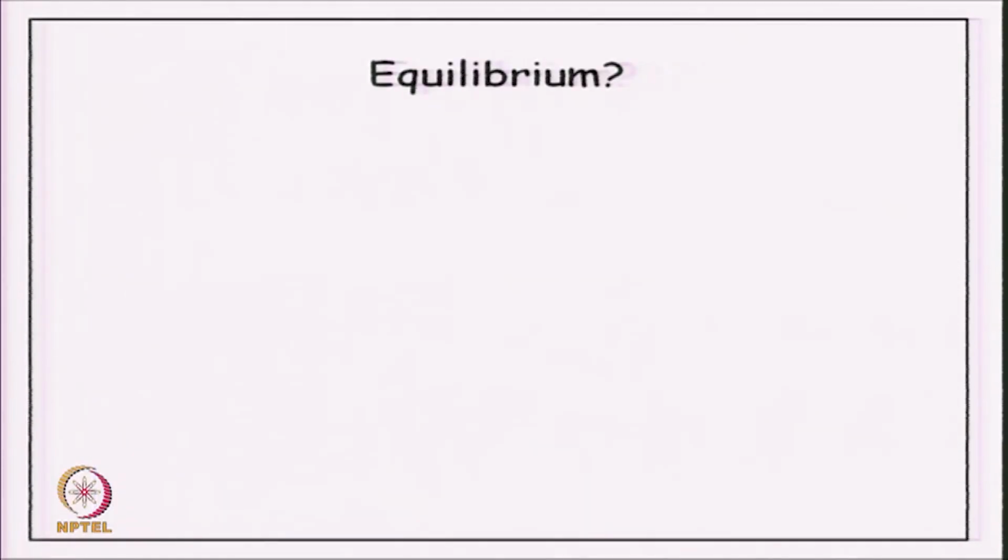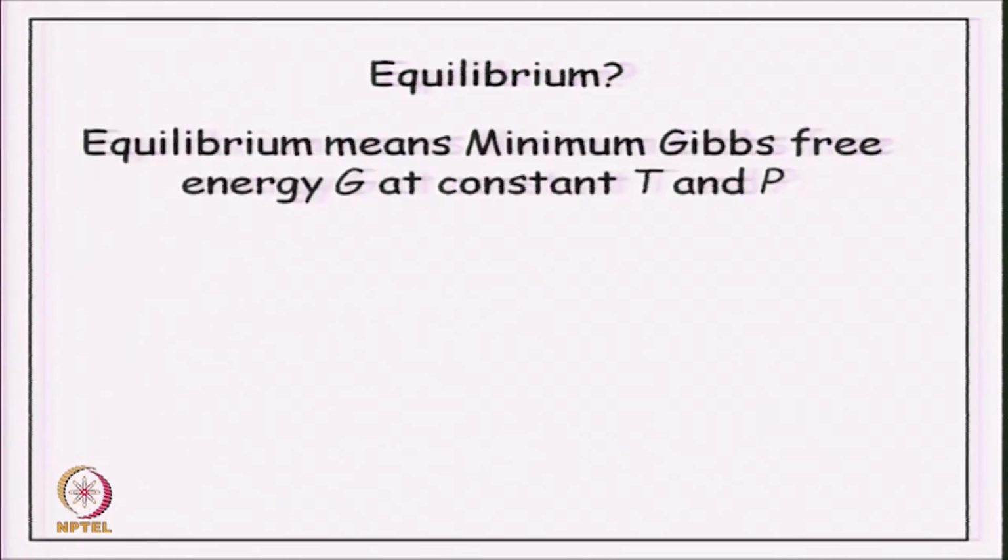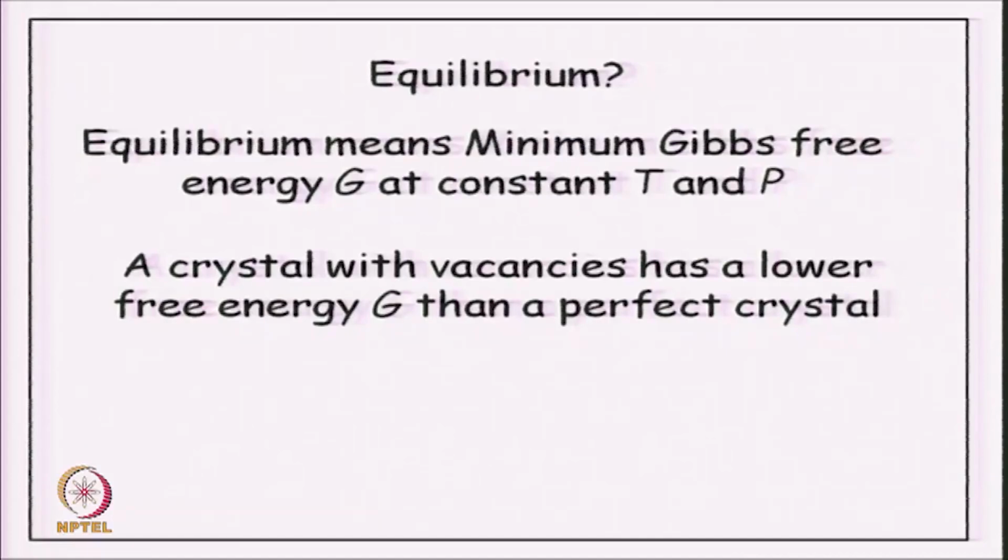So, we talk about equilibrium, and by equilibrium here we mean a thermodynamic equilibrium at constant temperature and pressure, which means that we should have a minimum Gibbs free energy. So, a crystal with vacancy should lower the free energy in comparison to the perfect crystal.